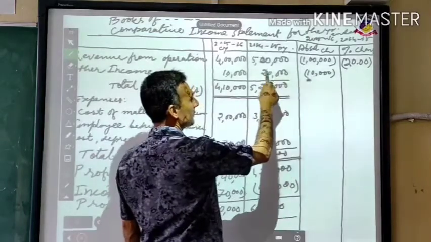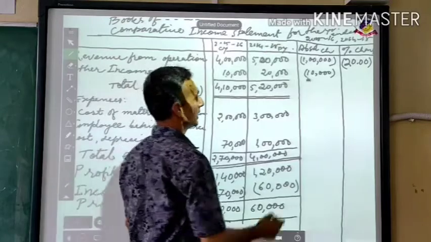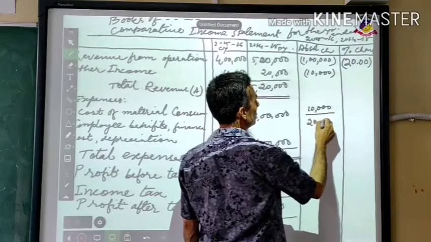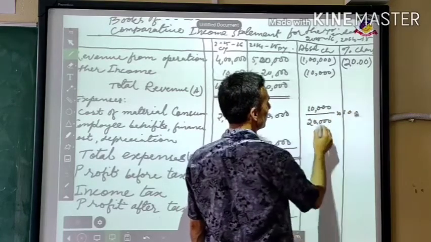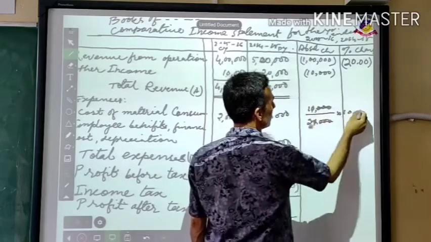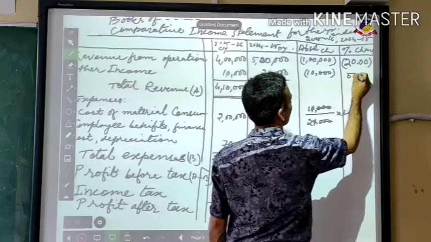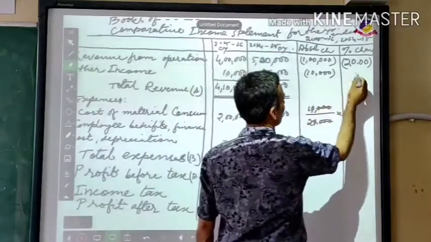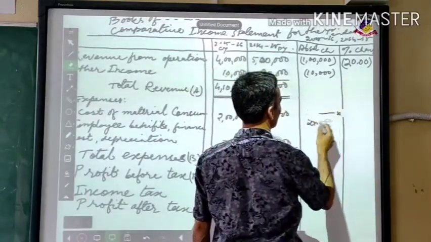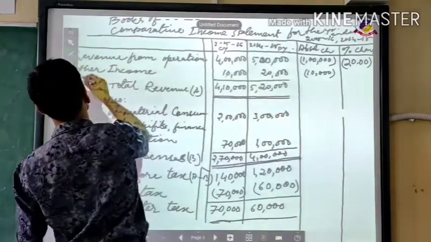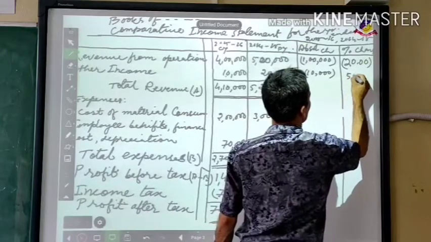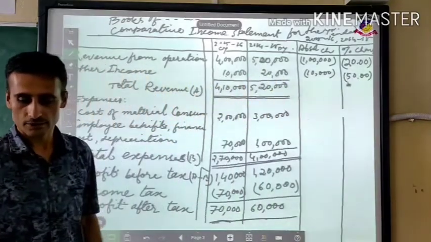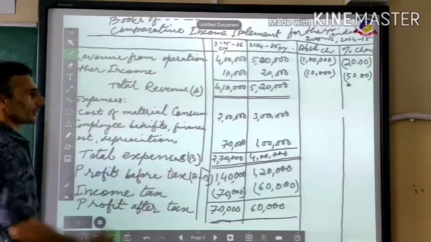Absolute figure, that is 10,000 divided by 20,000 into 100, the zeros cancel, and so this will give you 50%.